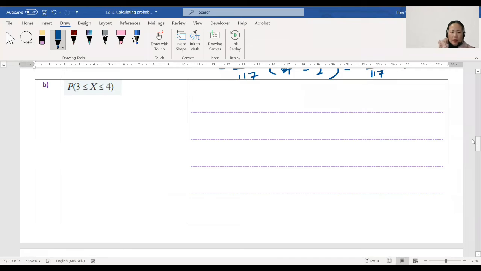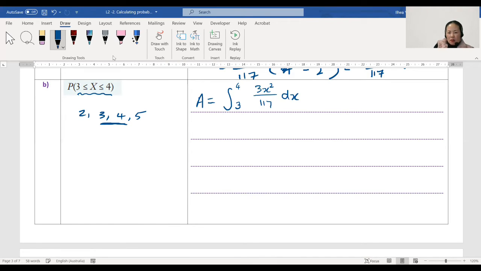So our domain was 2, 3, 4, 5, and our condition here is 3 to 4. So let's have a look. Between 4 and 3, I will just write 3x. I could just do it quickly because we know what it's going to be like.